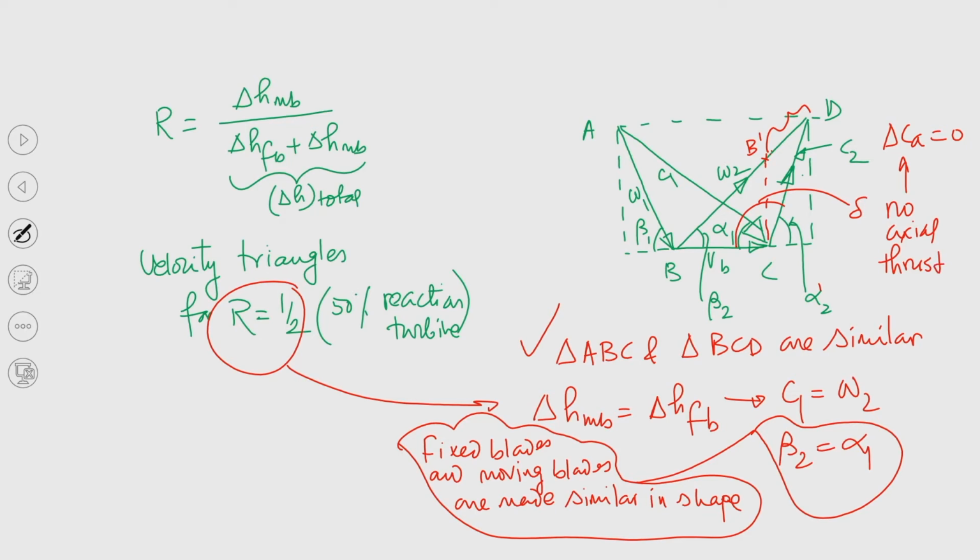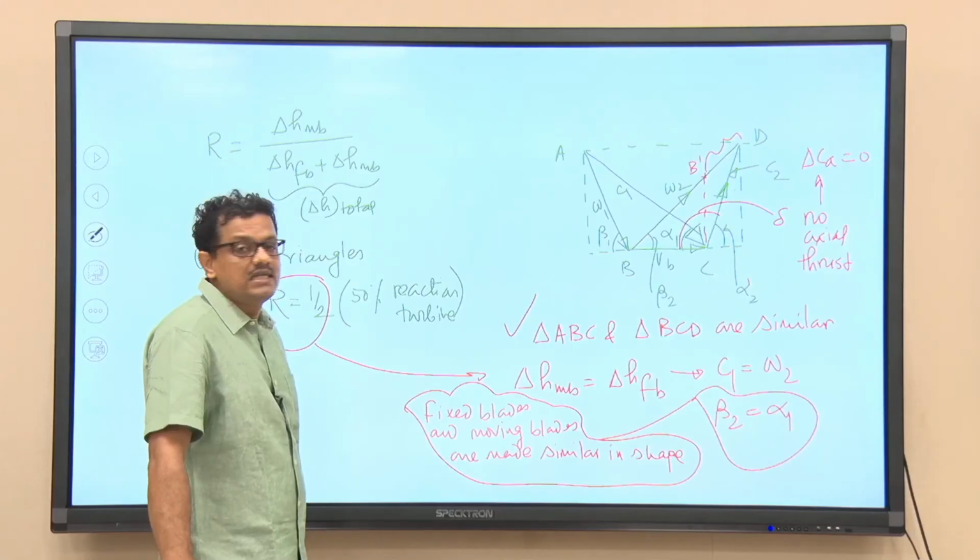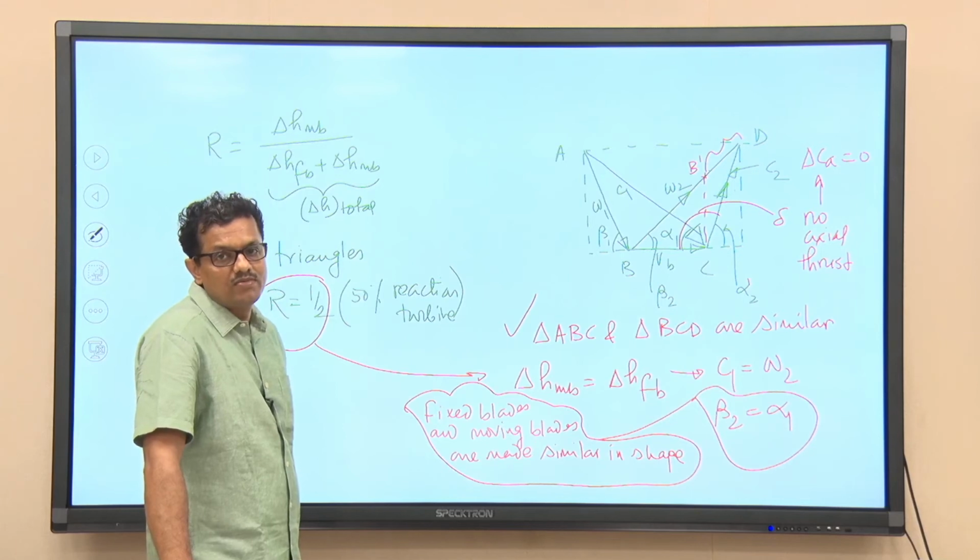We have seen in the context of impulse turbine that because of the difference in the magnitude of the relative velocity components, we had axial thrust, but here we really do not have axial thrust, because relative velocity at the exit of the moving blade is equal to the relative velocity at the inlet of the moving blade.